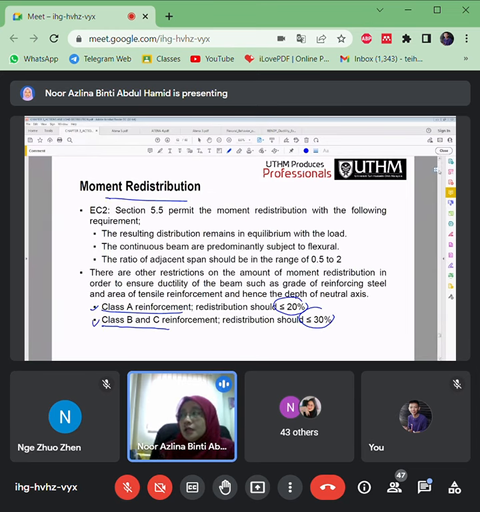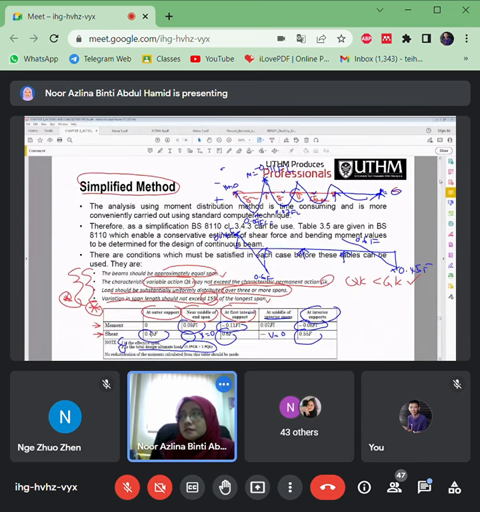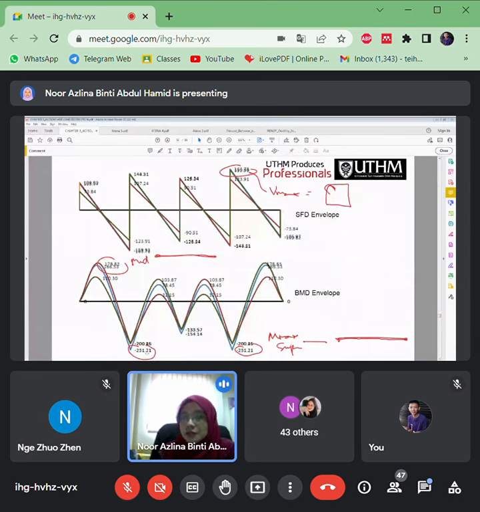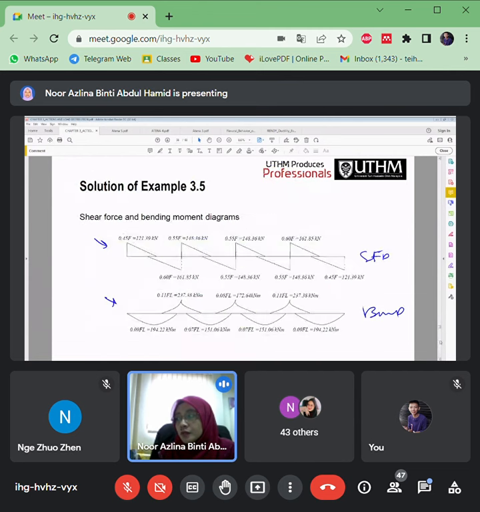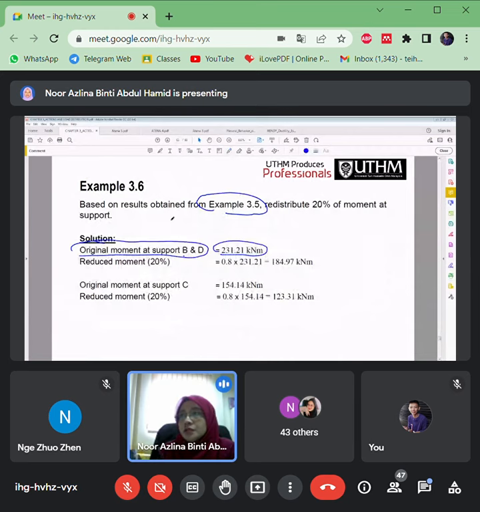So you can go back to understand it. Okay, see here at the supports, support B, support D. This is the original moment, which is 231.21, but we give a moment redistribution, a discount, of 20% here. Let's say this is class A.